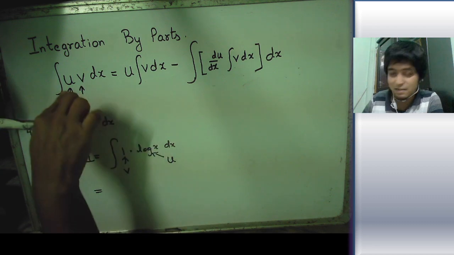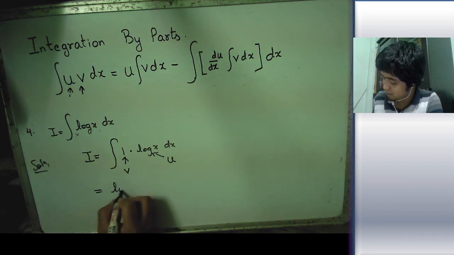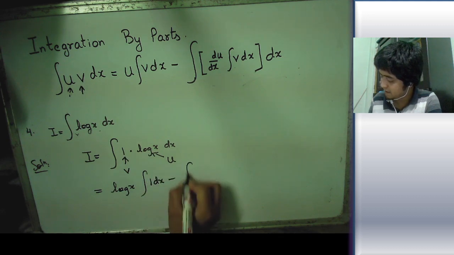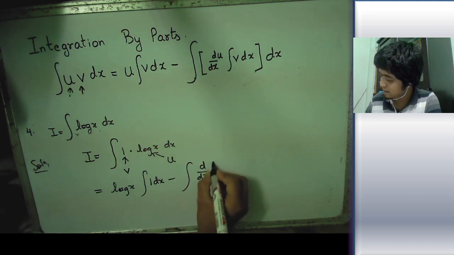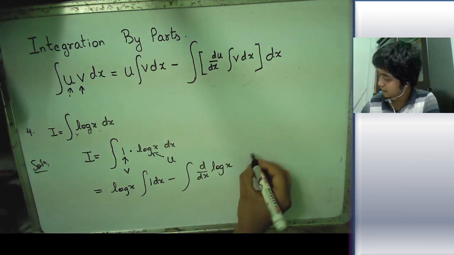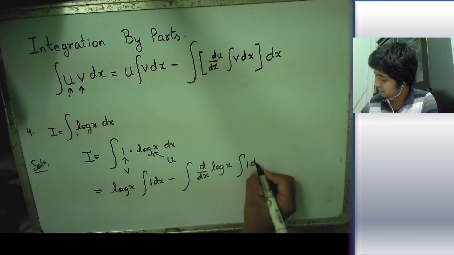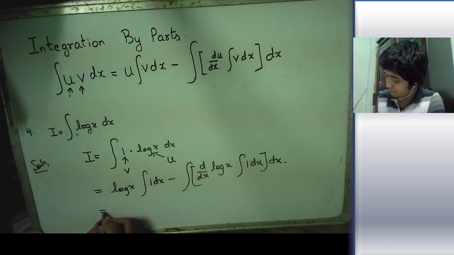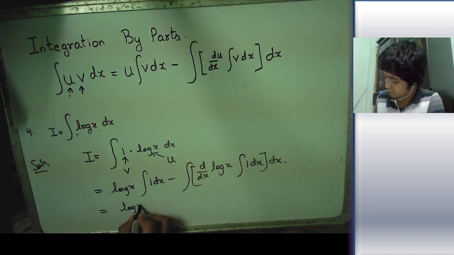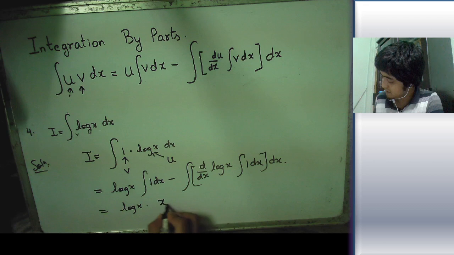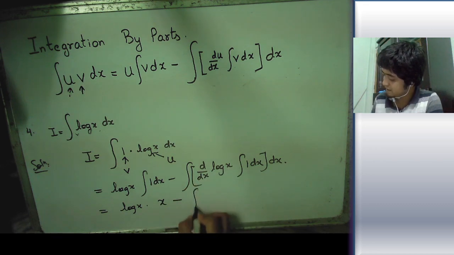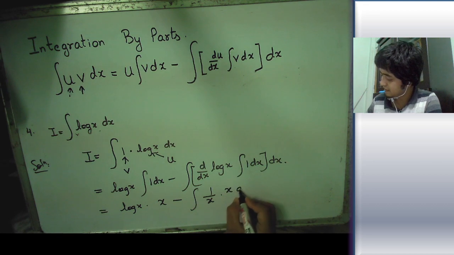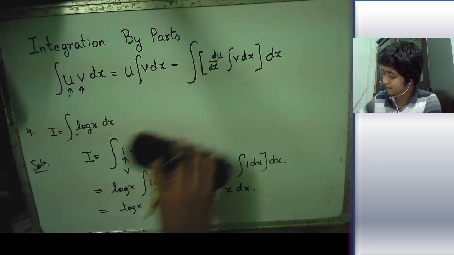So if you use the formula, you will get log x times integration of v, which is 1 dx, minus integration of d/dx of u times integration of v, dx. So this is what we have. Integration of 1 is x, d/dx of log x is 1 by x, integration of 1 is again x.